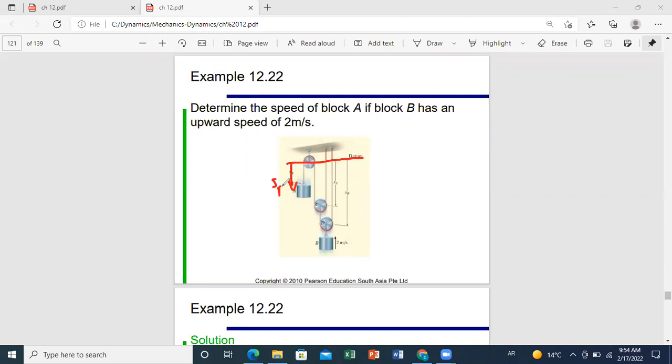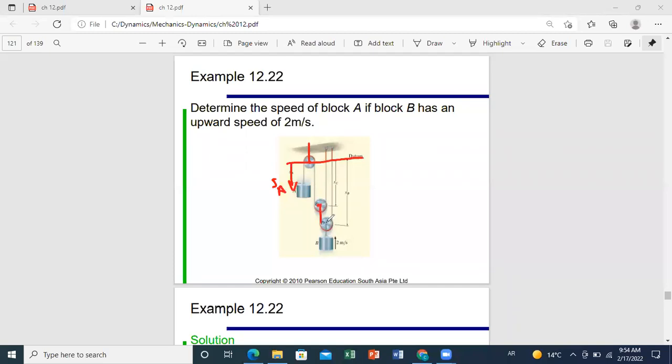Now, for each pulley, you should check if it needs a coordinate or not. This pulley center is attached to the ceiling, so it's not translating. I don't need a coordinate for it. Pulley C: the center of C is attached to the periphery of pulley D. So C will be moving because D also is moving.